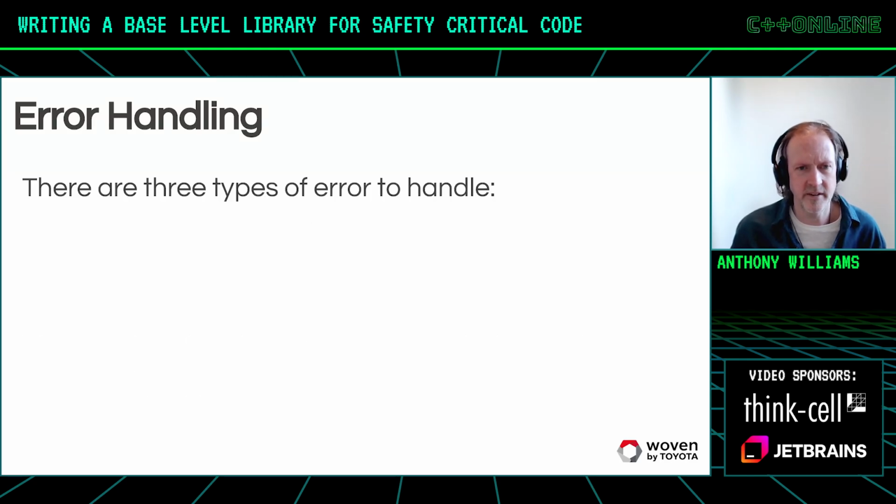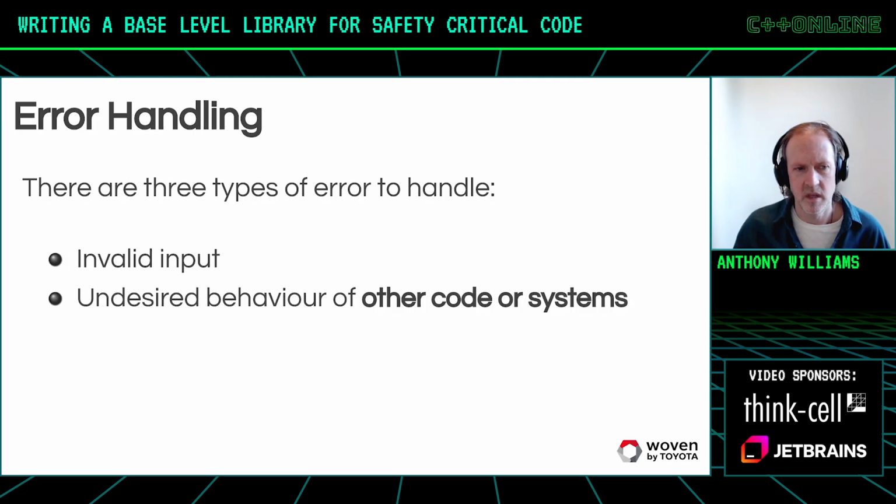There are a few types of error to handle. Invalid input: if you're writing a function and somebody gives you input that's out of range, what do you do? If you're sending messages, requests, calling other code, calling functions, trying to make the hardware do something, and either the other code or the system doesn't do what you intended, how do you handle that?